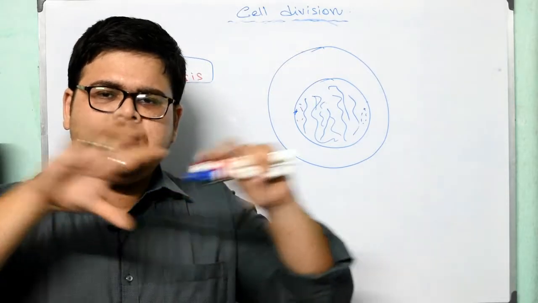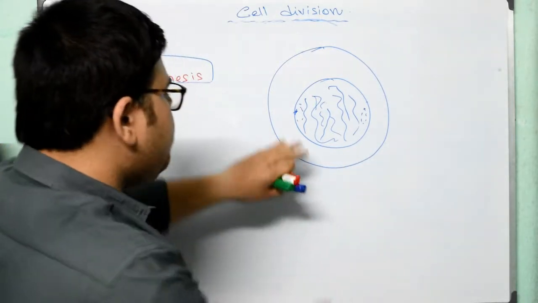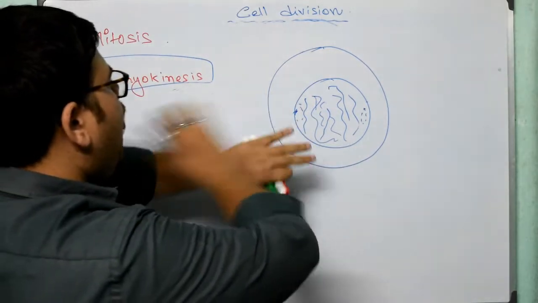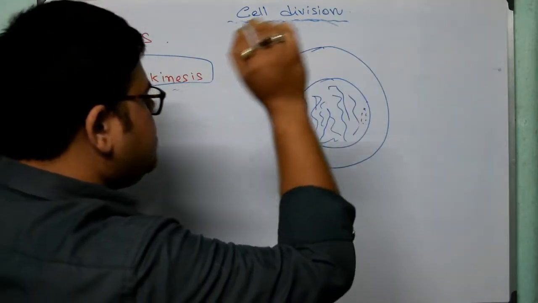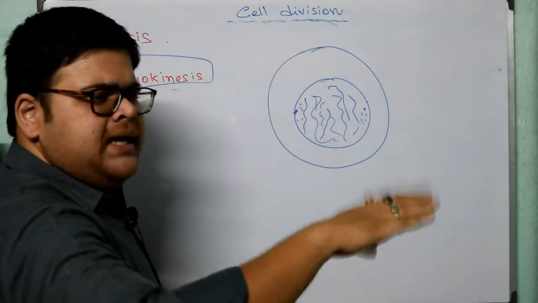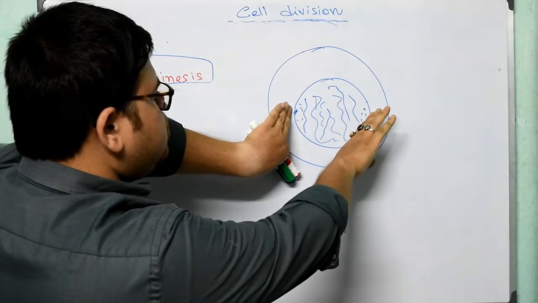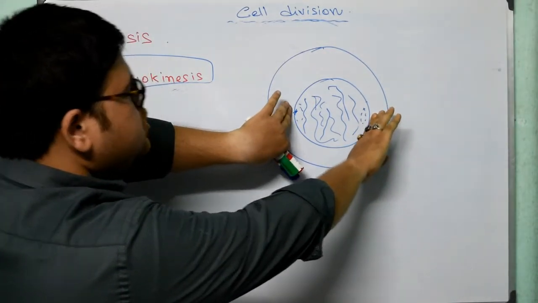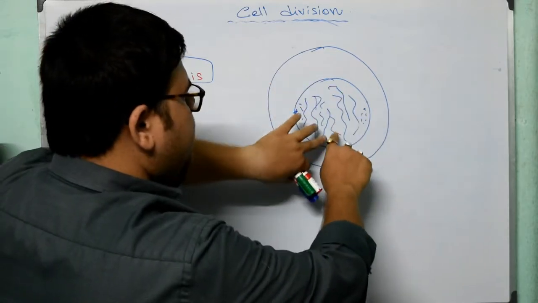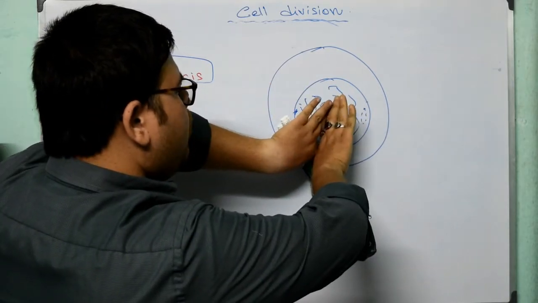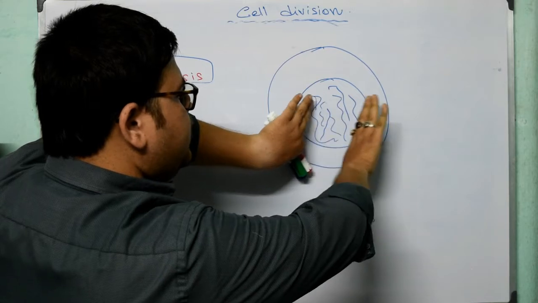It means that it will get divided, right? So what happens? These two are the poles, and this is the equator. Slowly these chromatids get separated from this part and move to here.